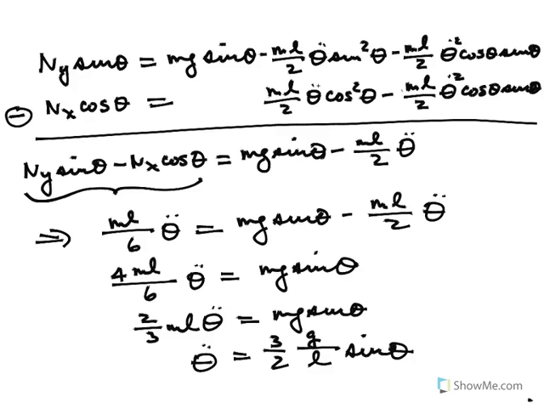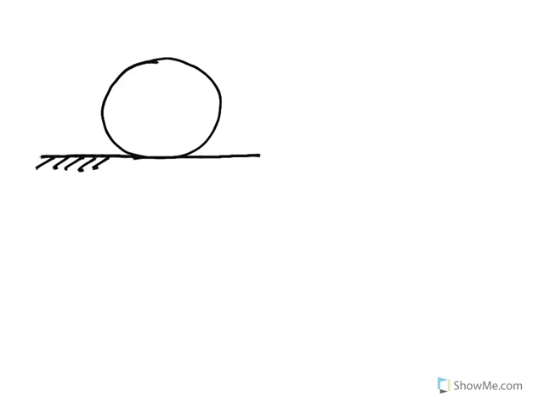Okay, so the last example that we're going to do in this video is the following problem. I have a sphere of mass m and radius r which rolls without slip on the ground, and at a height h down the center of the sphere, center vertically on the sphere, there's a force P that's being applied.